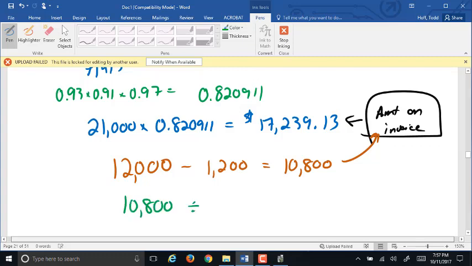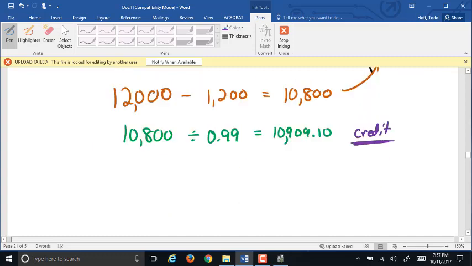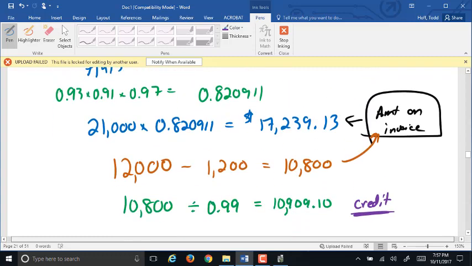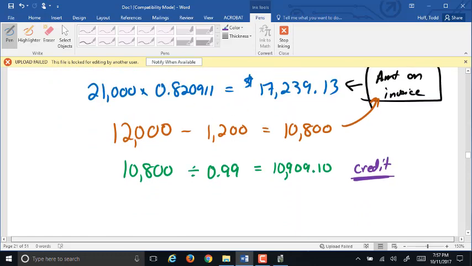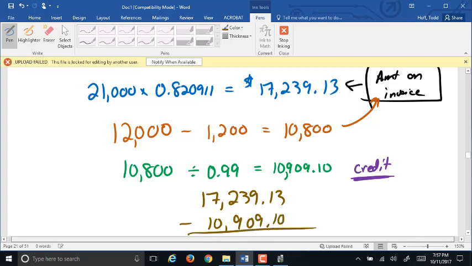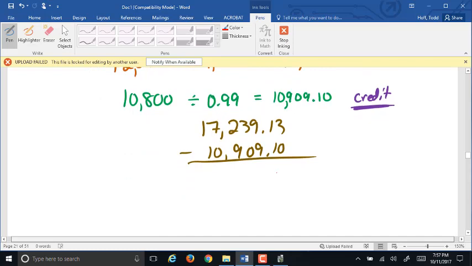10,800 is divided by 0.99, which is going to give us 10,909.10 as the credit, which means the balance will be 17,239.13 minus 10,909.10, which is $6,330.03.